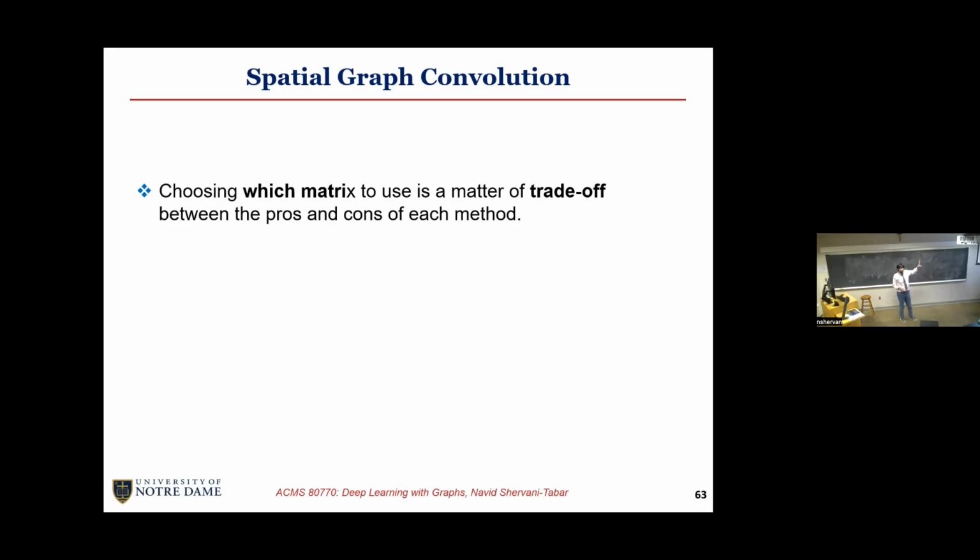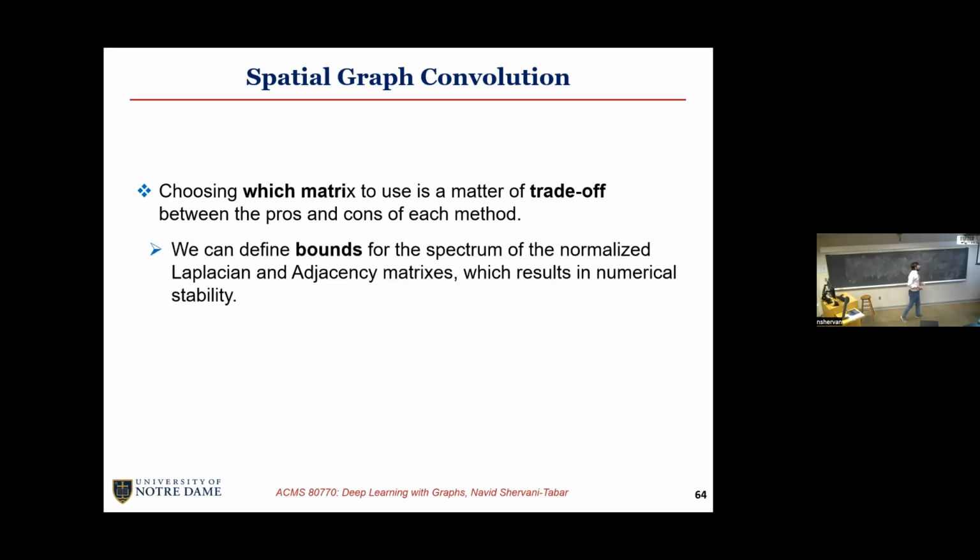For the symmetric ones, one interesting property is that the eigenvalues are bounded, which results in stability. For instance, the spectrum of the Laplacian matrix, the set of its eigenvalues, has a minimum of 0 and a maximum of 2 at most. That maximum of 2 only occurs if you have a bipartite graph.